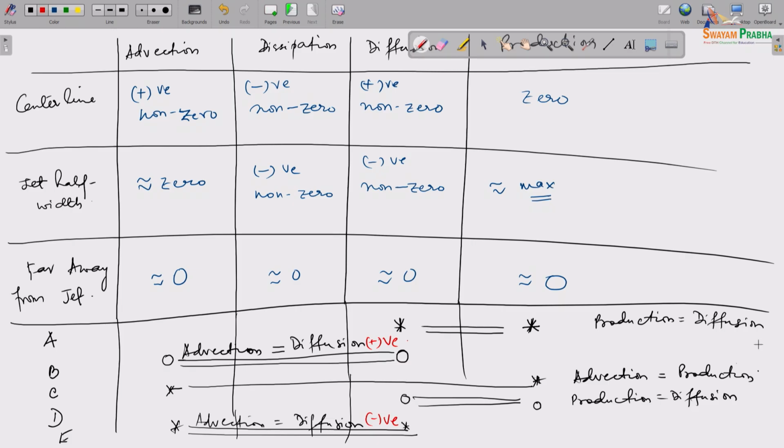The production is equal to diffusion at A and D, and the values are actually the same. And B and E also have advection equal to diffusion, but this is positive and this is negative.